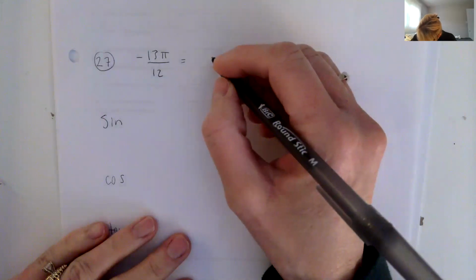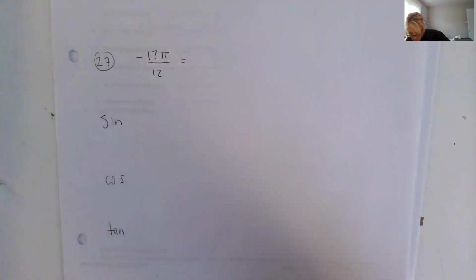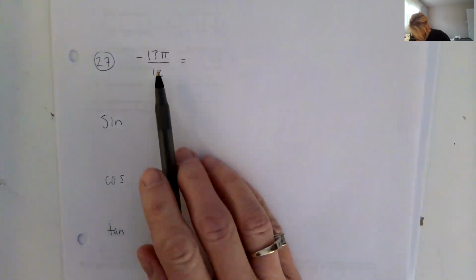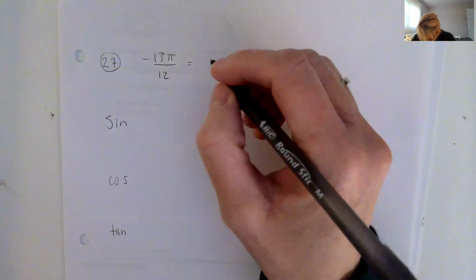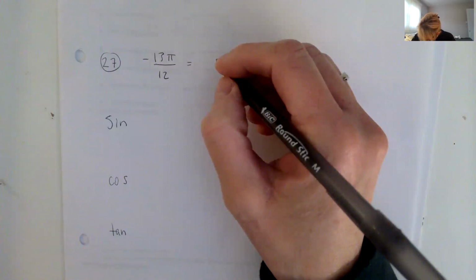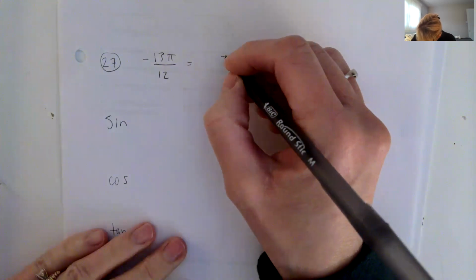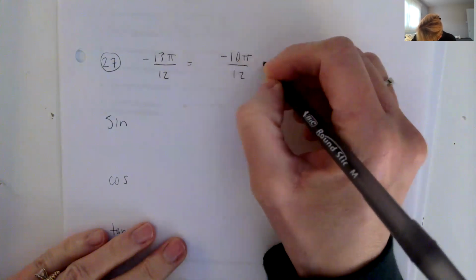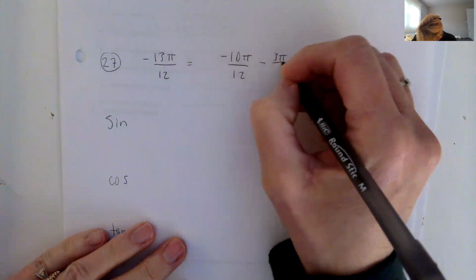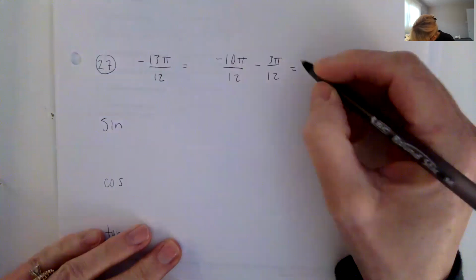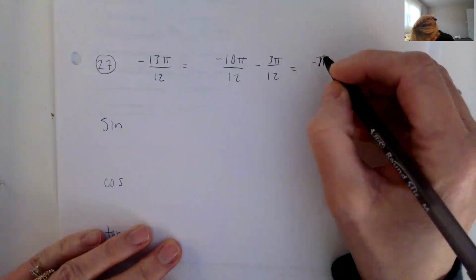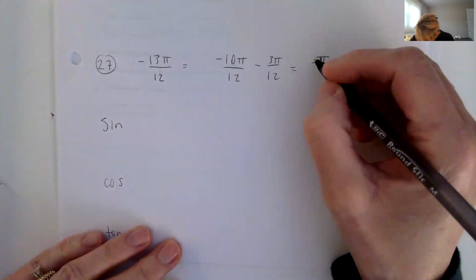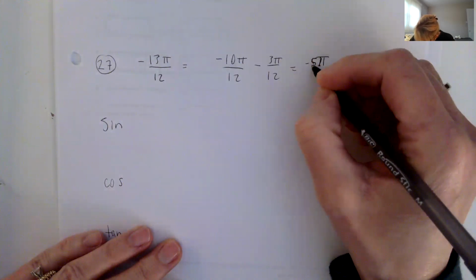11 and 2, no, won't reduce over 6. What about 10 and 3? So negative 10 pi over 12 minus 3 pi over 12. And those simplify into a negative 5 pi over 6.